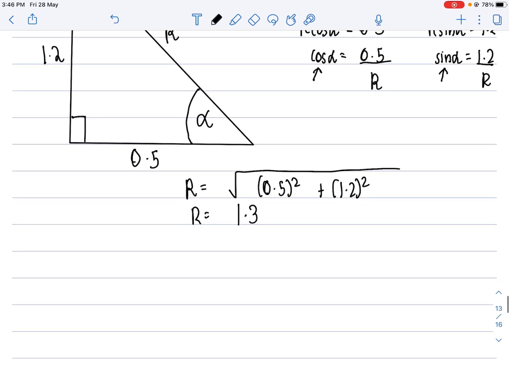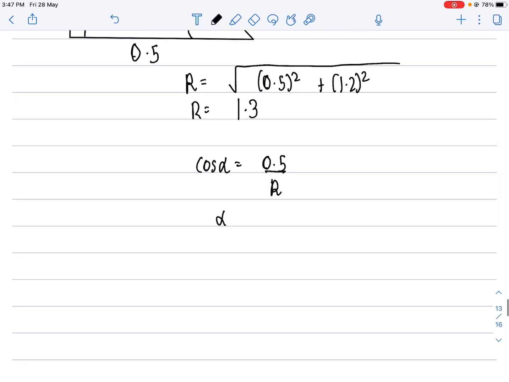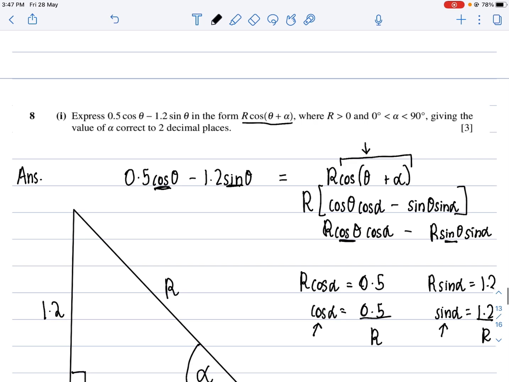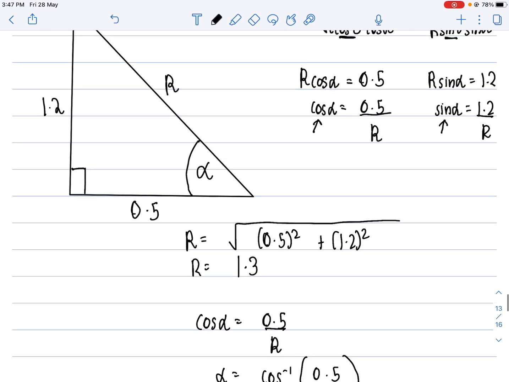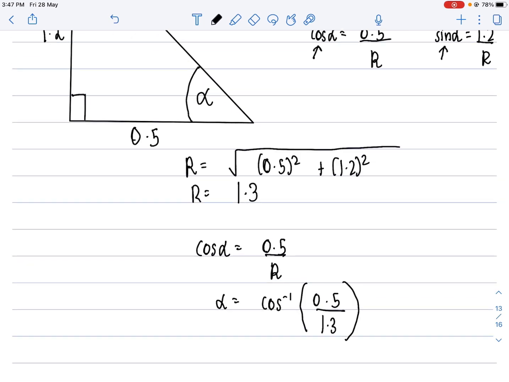Now we need alpha. We know cos alpha is equal to 0.5 over r. So alpha equals cos inverse of 0.5 over 1.3. Make sure you're on degree mode on the calculator because your domain is in degrees, and simply do cos inverse of 0.5 over 1.3.